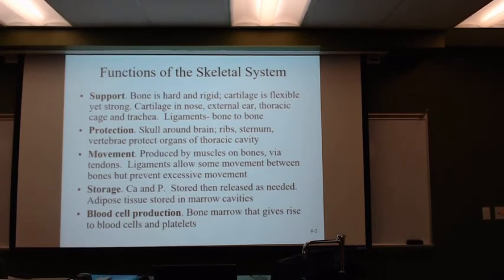Blood cell production. In children, all the bones of the body are involved in blood cell production. Once you reach your full growth, and as you get into teenage years and so forth, it'll only become certain bones of the body that are doing the production.